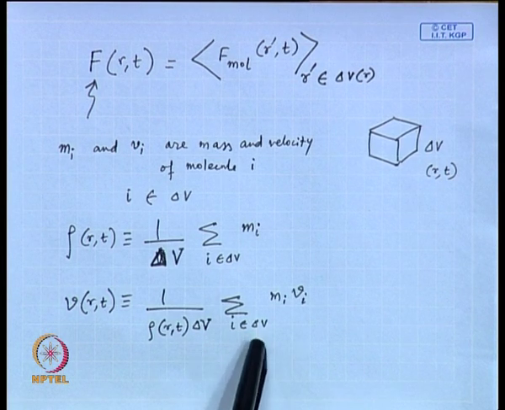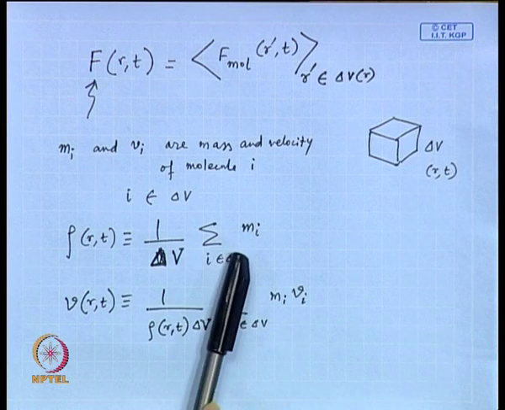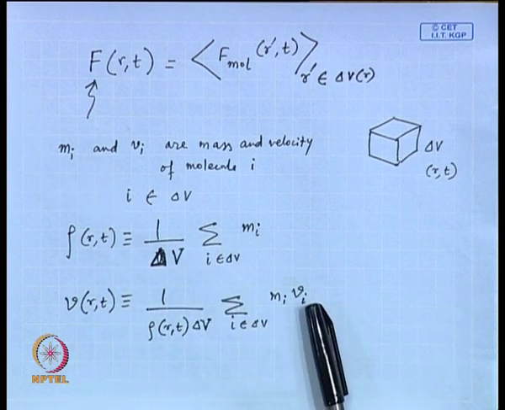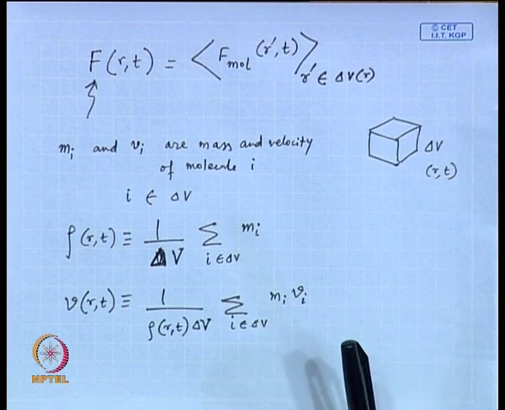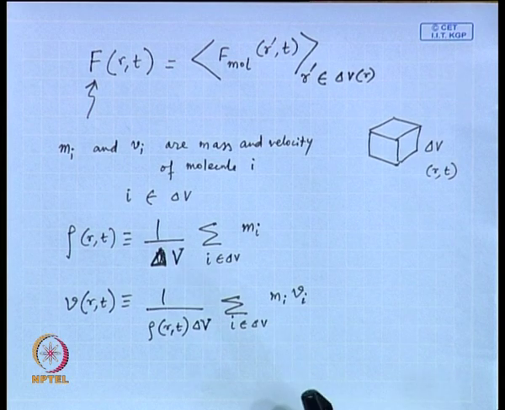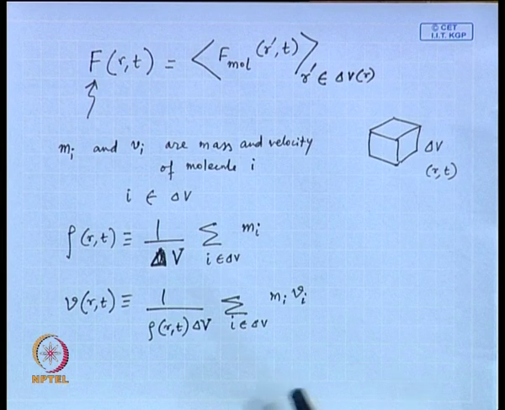The density part is fine, you just sum all the masses and divide by the volume. But the velocity that we calculate here is a special kind of velocity. This is not just an average velocity, there is a weighting factor involved.